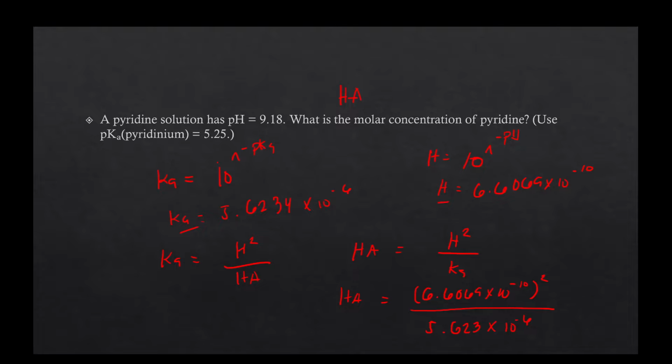Again, 6.6069 times 10 raised to negative 10, answer squared, divided by 5.623 times 10 to the negative 6.